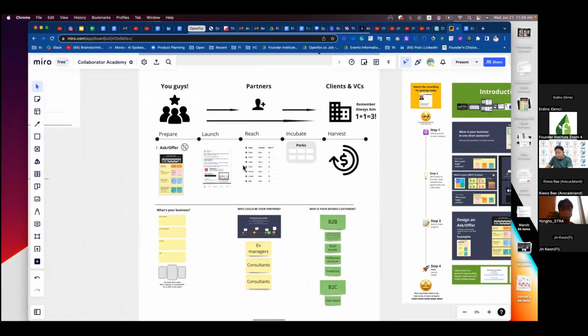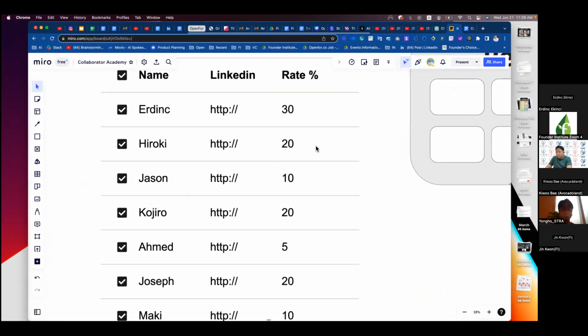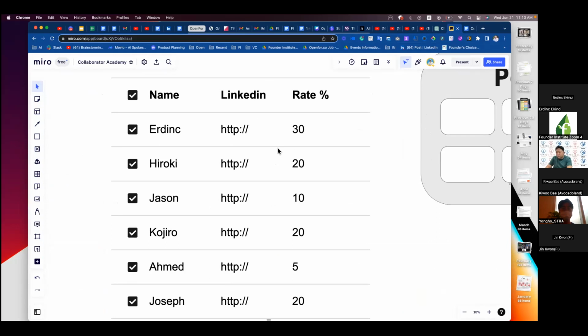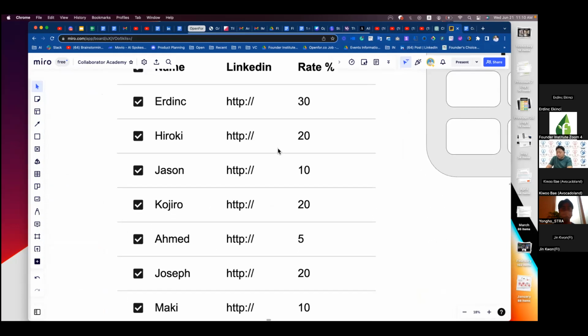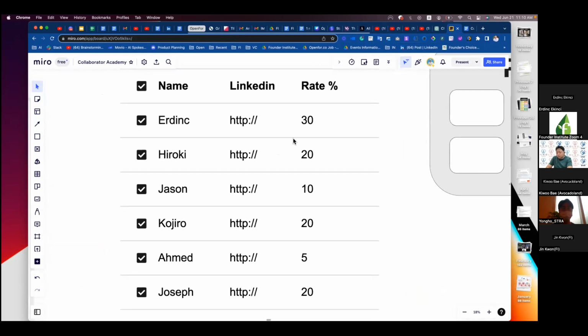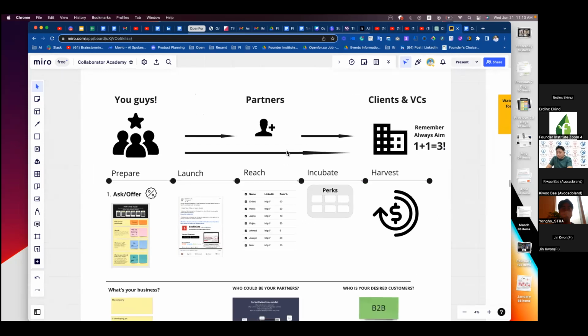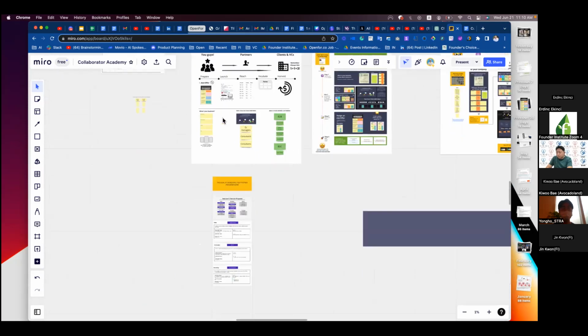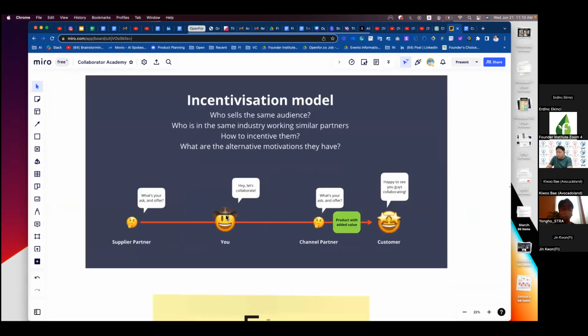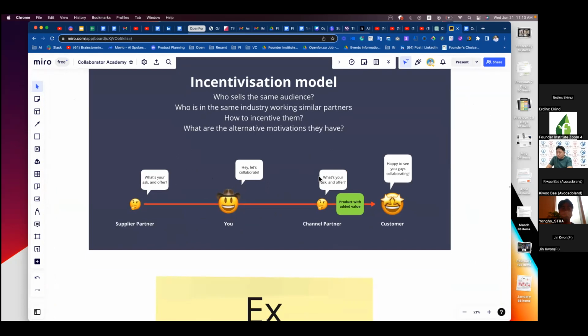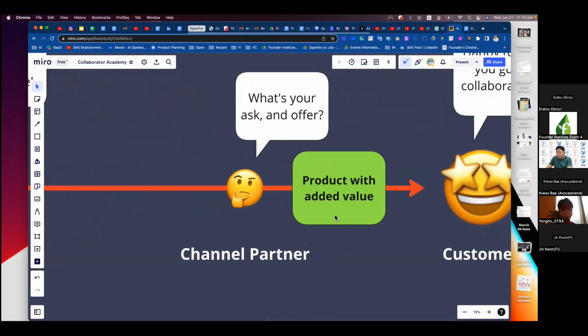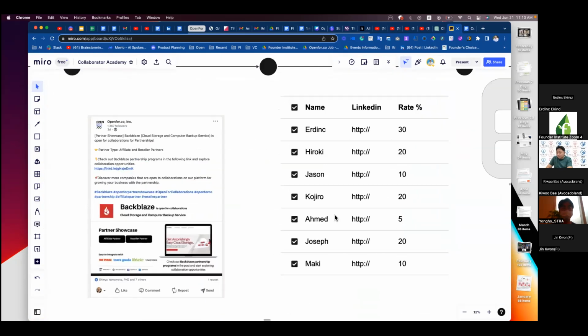So basically, referral partners means you're going to need some people, some gatekeepers who have similar connections, who are working with the same customer as you, to introduce them. So you need to have an incentive alignment, an incentivization strategy. Basically, a very oversimplified version is this. It could be on the supply side, or with channel partners, which is the sales side. I'm assuming that he's already working in sales.